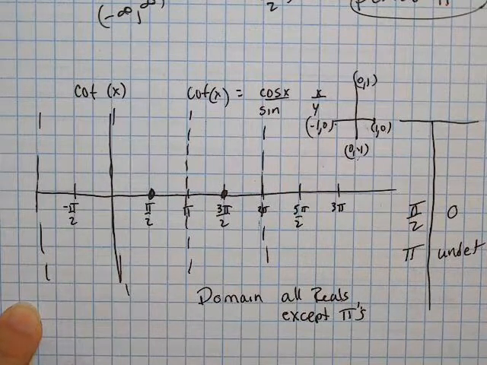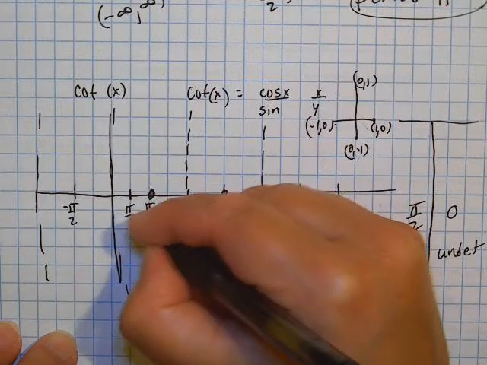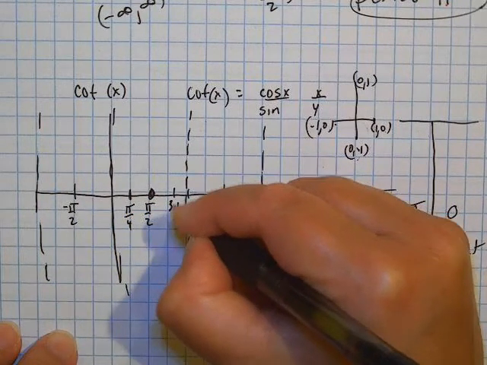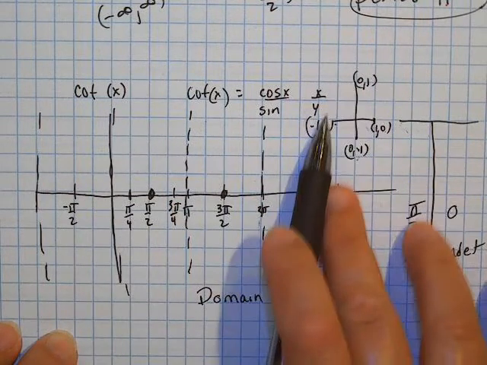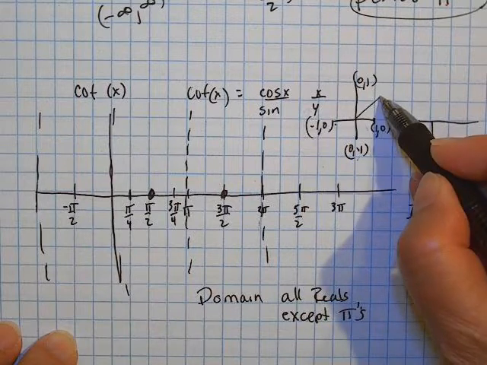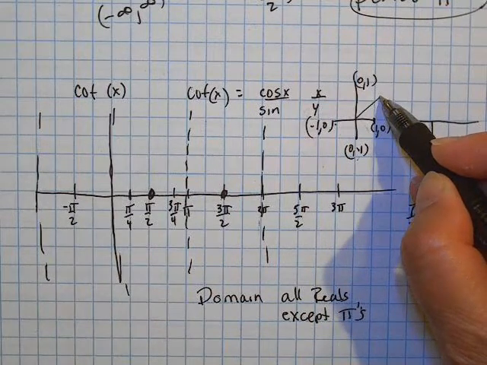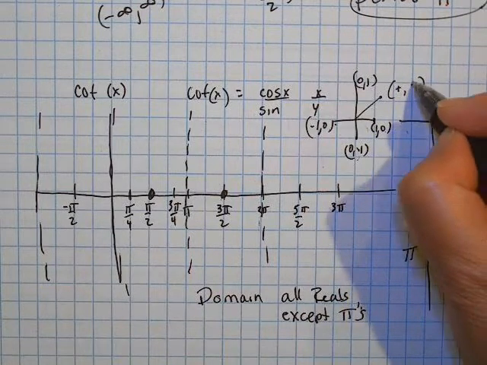Let's think about what happens in between. So I'm going to pick a spot like pi over 4 and 3 pi over 4, because that's in between 0 and pi. So I'm talking about this area right here. At pi over 4, I have a positive x and a positive y.